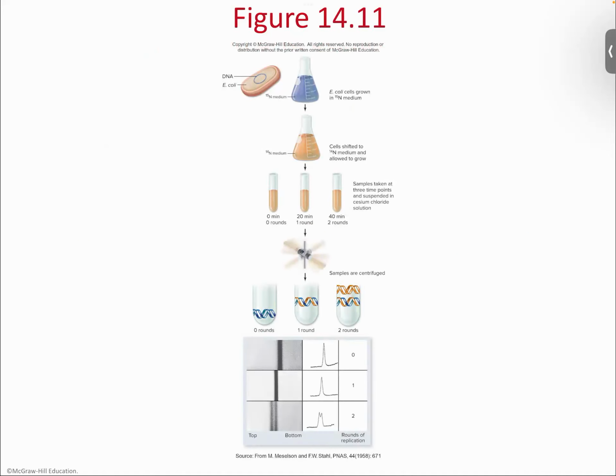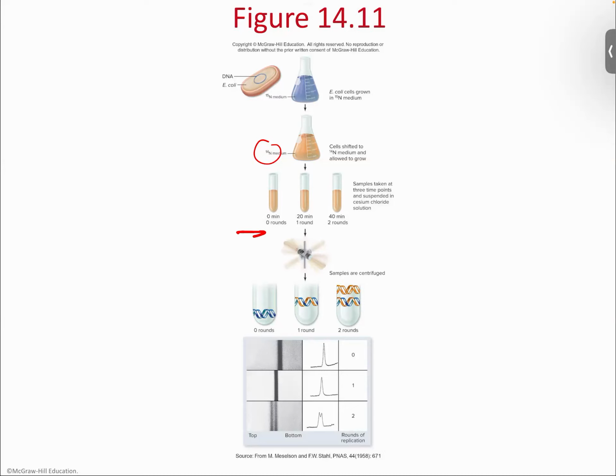So basically they took their bacteria, they grew them up in N15, and then they switched them to N14, and then they just allowed them to go through their replication. So, you know, every 20 minutes or so, they go through. The doubling time for E. coli is about 19 minutes or so. So after the first round, after the first 20 minutes, they would harvest them, and then they would run the gel. And then after 40 minutes, they would harvest them, and then they'd run the gel.